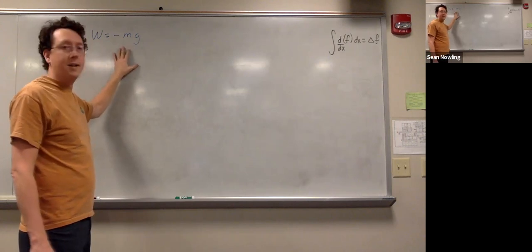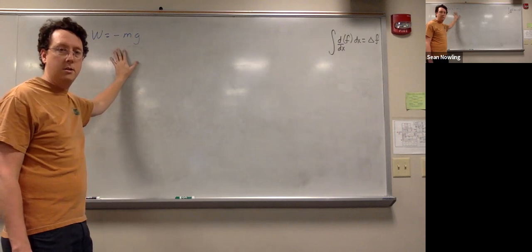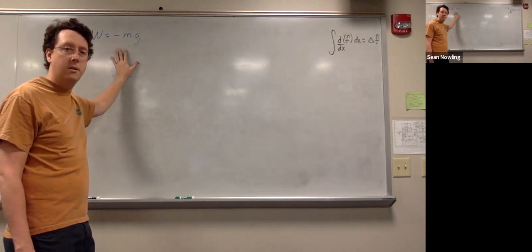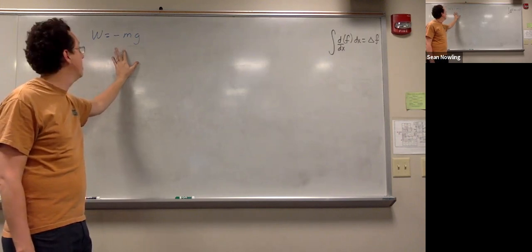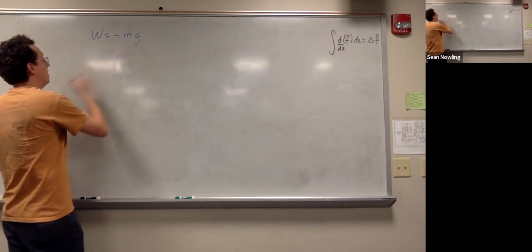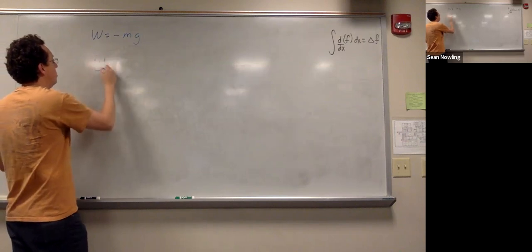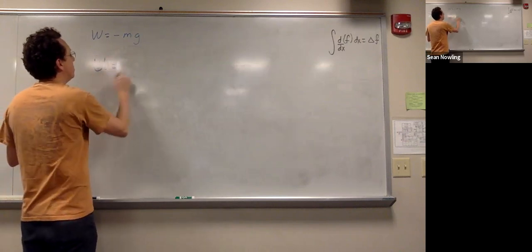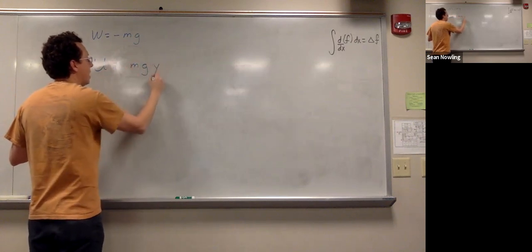I want to ask, can I think of a function whose derivative in that direction gives me weight? And the answer is, you can imagine a potential energy, U, which equals mg times the height, y.